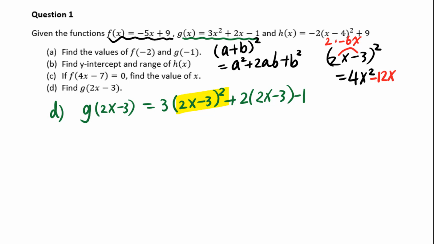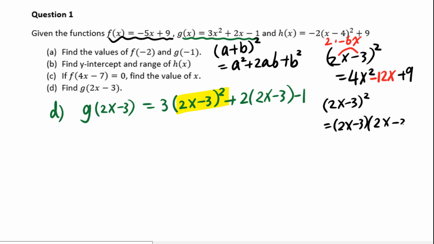Negative 3 squared will be positive 9. This will be the answer to this (2x minus 3) squared. Or you can do (2x minus 3) squared with the FOIL method. You have (2x minus 3) times (2x minus 3). Then just do like this. You have a 4x squared. Then minus 6x plus 9.